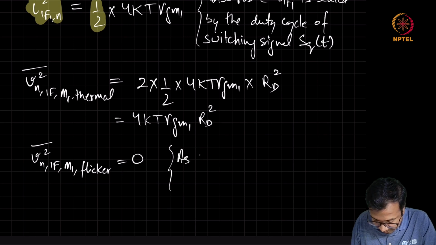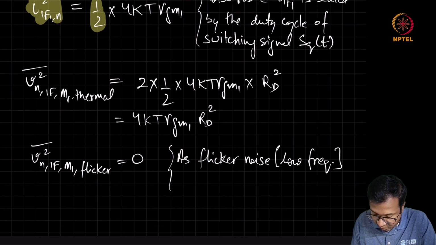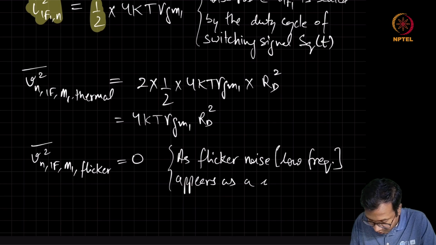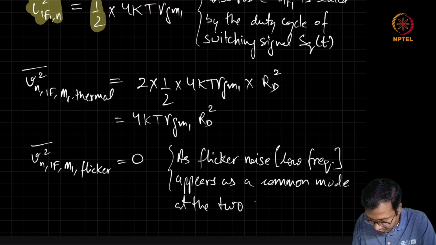as flicker noise, which is low frequency, appears as a common mode at the 2 IF ports.